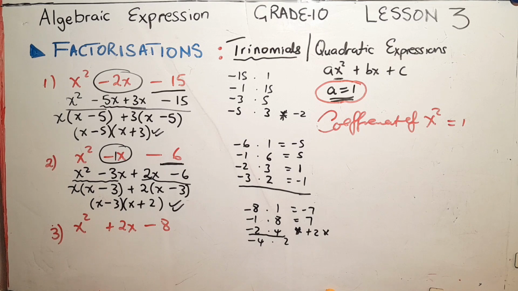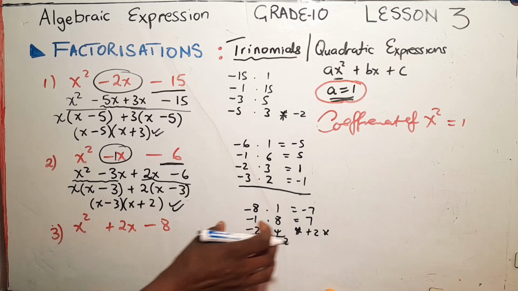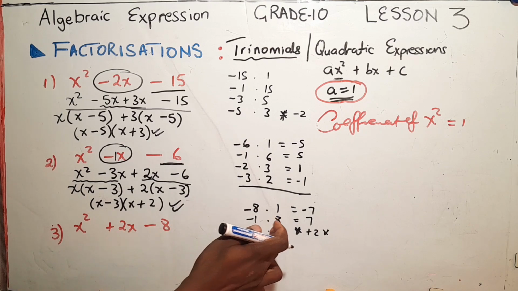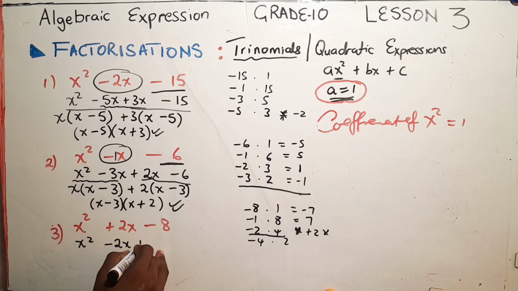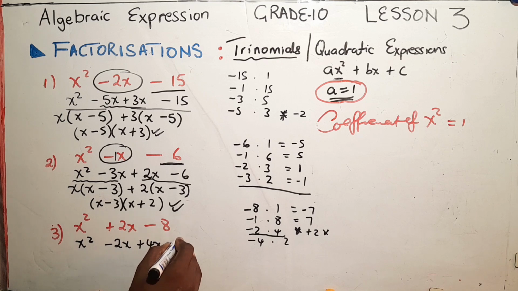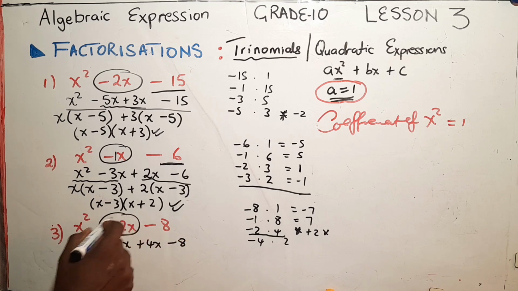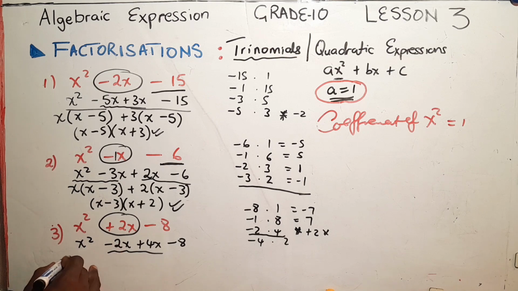is positive 2. So we can write this in terms of negative 2 and 4. So this becomes x squared minus 2x plus 4x and then minus 8. So this was replaced by these two values. So the common factor between the two is x, and we'll be left with x minus 2.